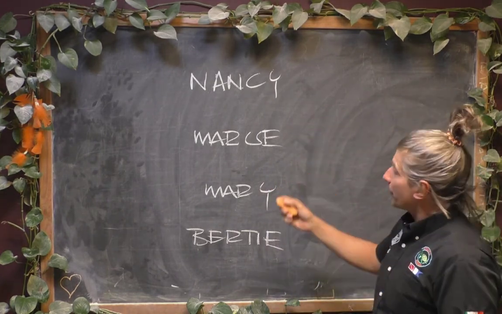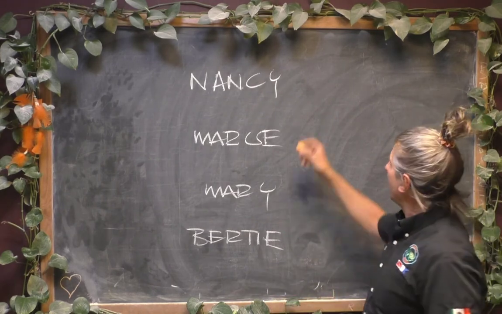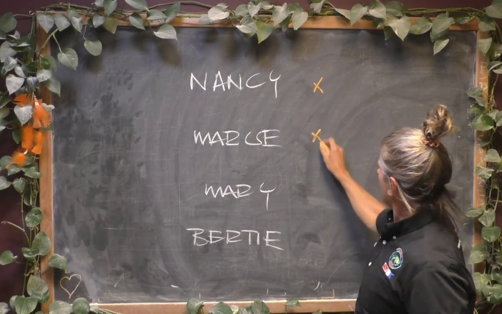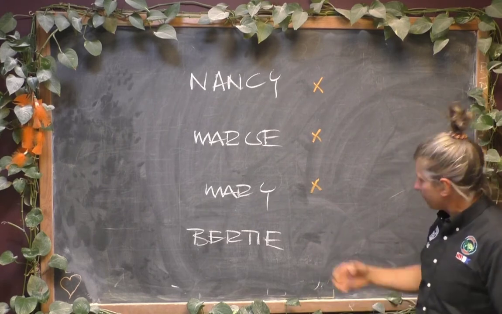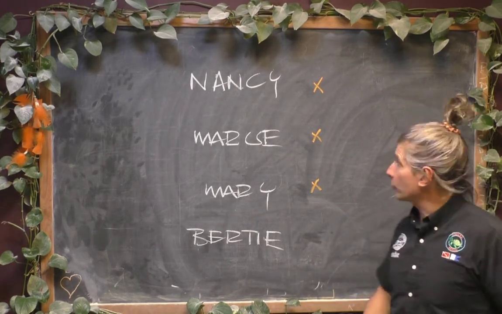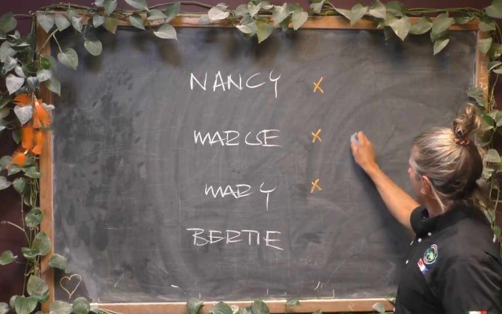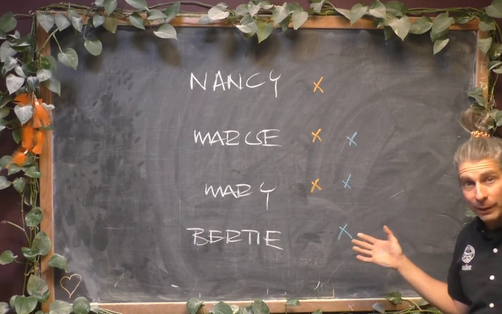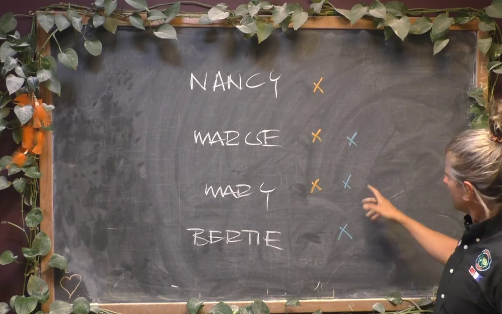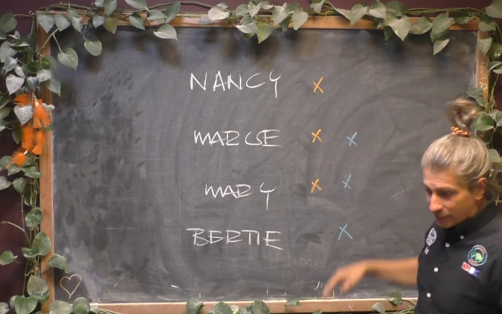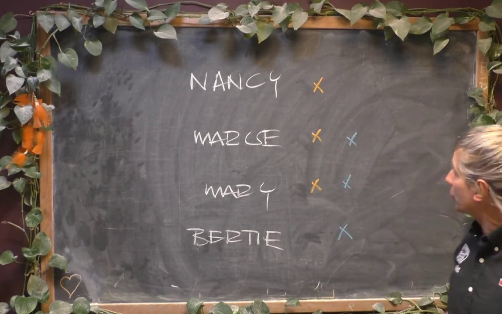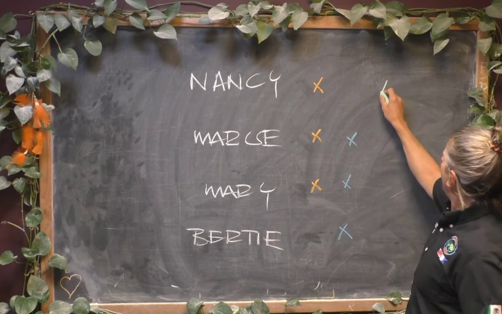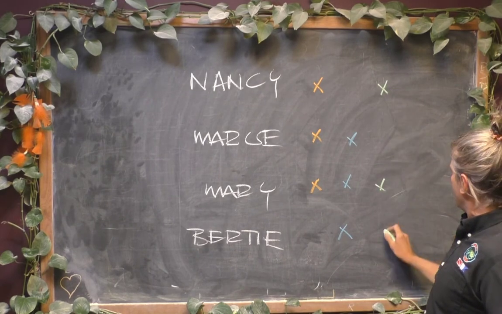So one group, if we pick 3 girls and leave 1 boy behind: Nancy, Marge and Mary could be the girls and Bertie could be the boy. That's one way to group them. Another way would be Marge, Mary, and Bertie. That's a different group of three girls. Some of the girls are the same in the groups, but since you have at least one different, it's a different group. How about we go Nancy, Mary, and Bertie?